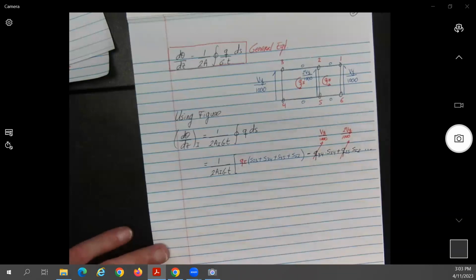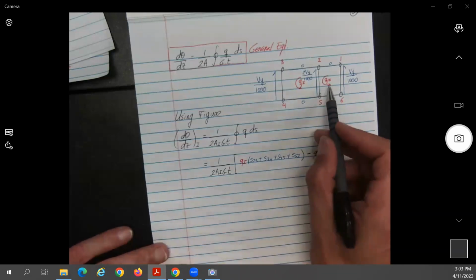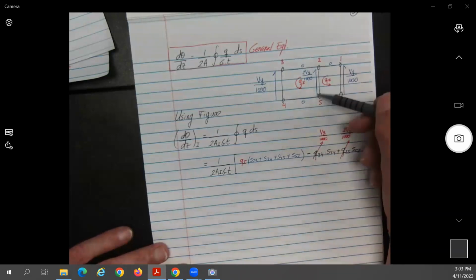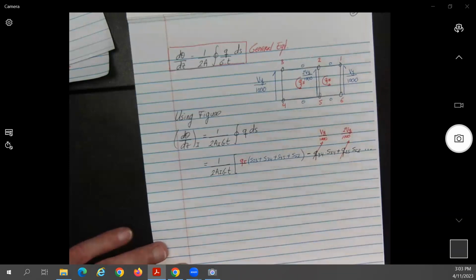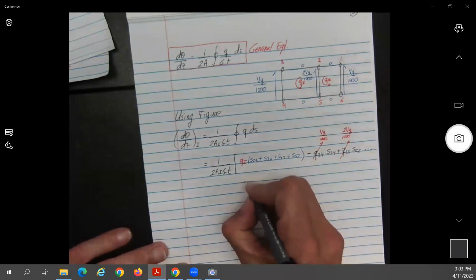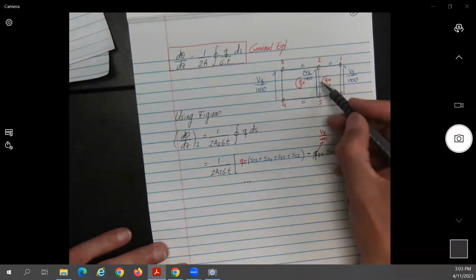Now, what else do I need to add? What is the shear flow that I'm missing? The Q2, no? Yes, it's going to go on this side, no? So the Q2 is going to produce a positive or negative twist?